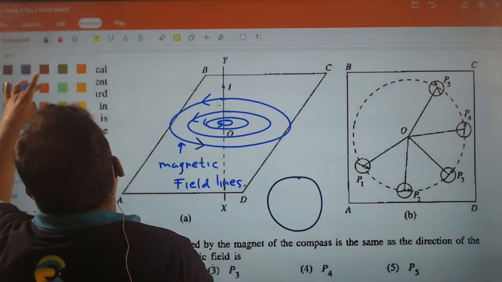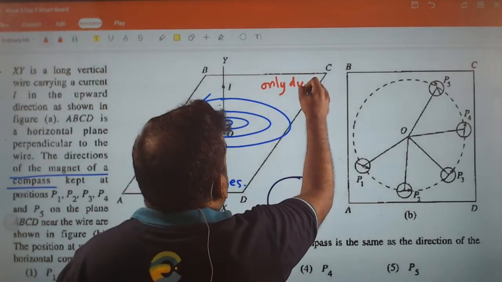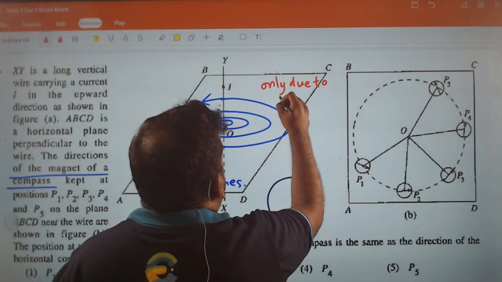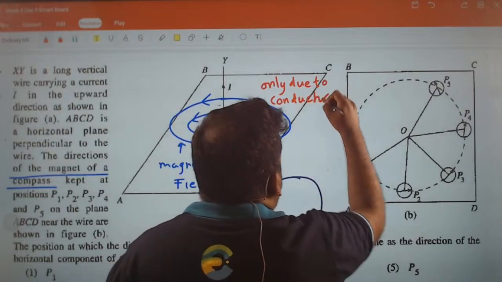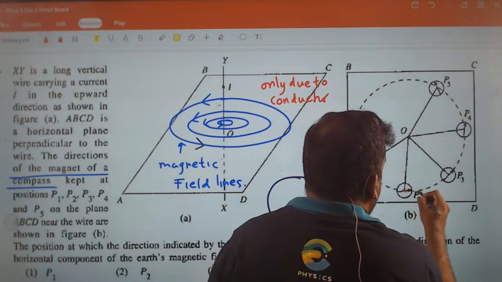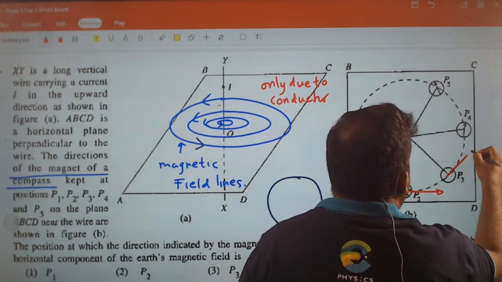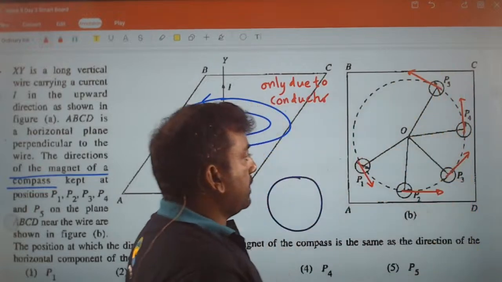Only due to current or conductor, if you draw, it will be tangential in red also.